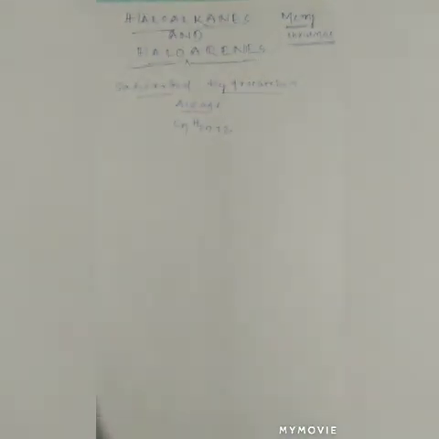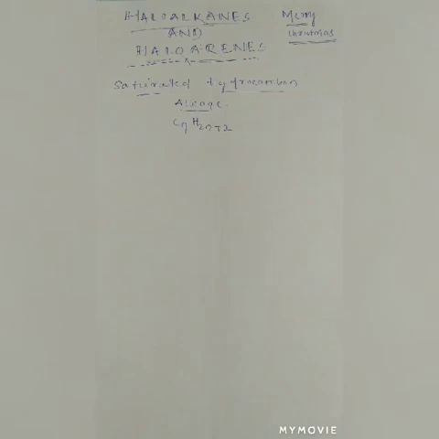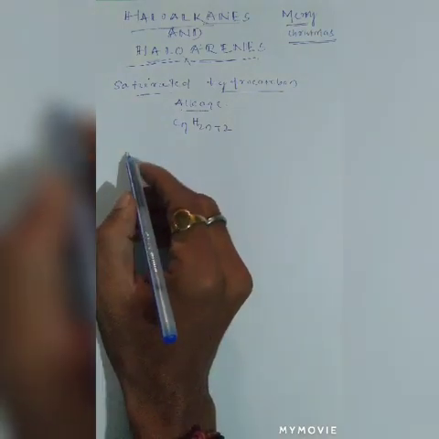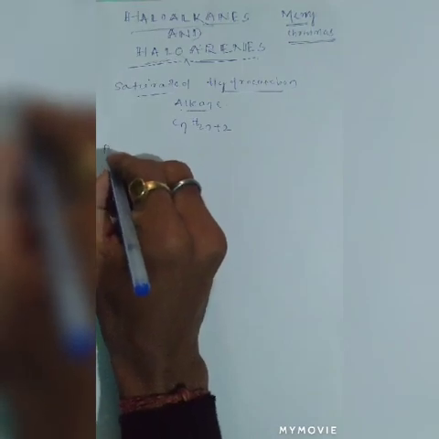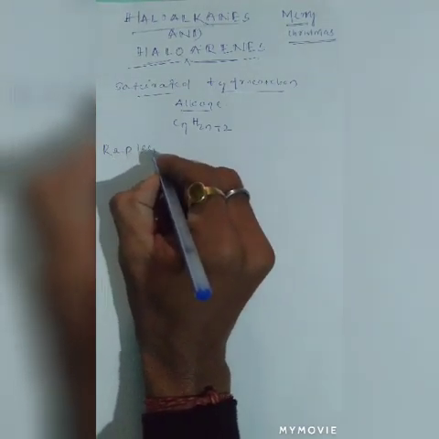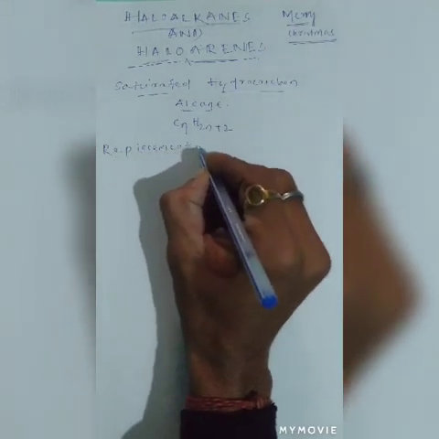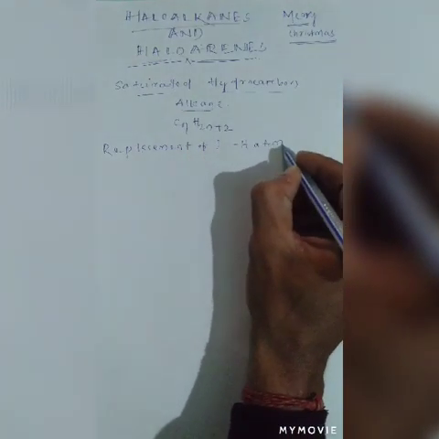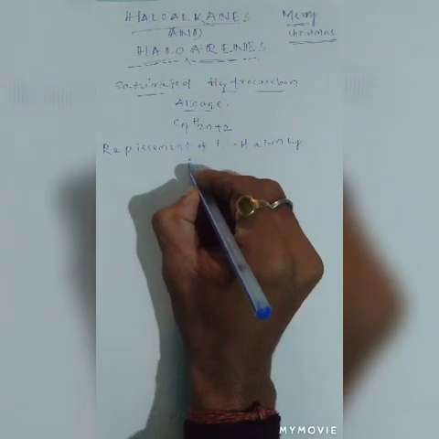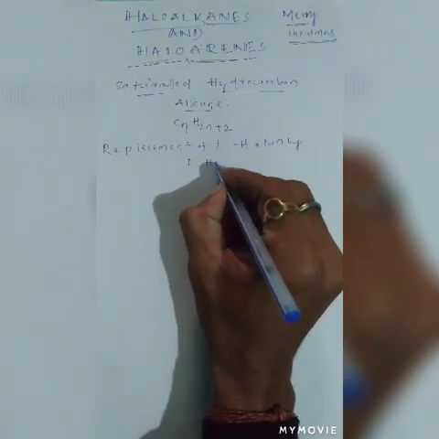The haloalkane is formed by the replacement of one hydrogen atom by one halogen group.